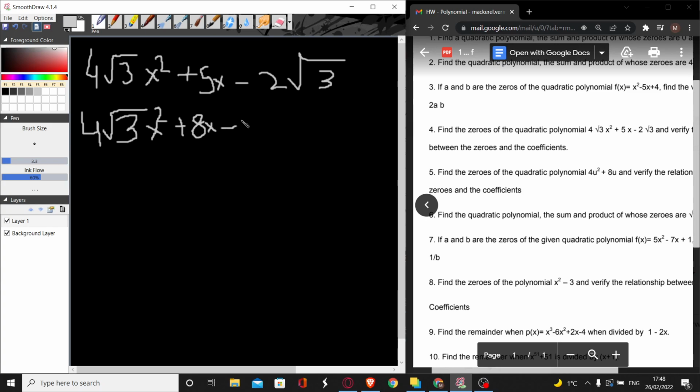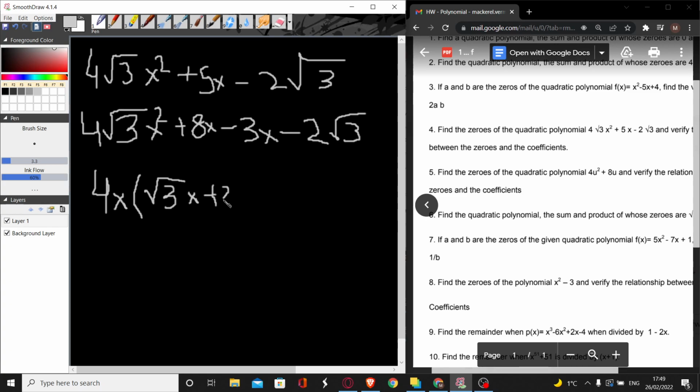So we divide this, and then minus 3x minus 2 root 3. Now I'm going to take the common terms out here. So we get 4x times root 3x plus 2.